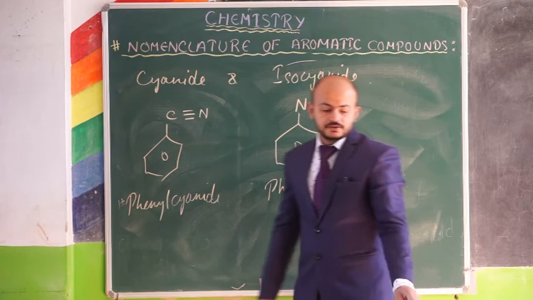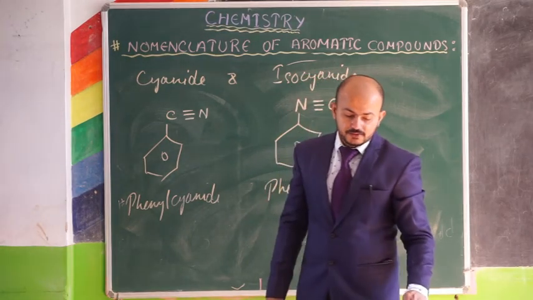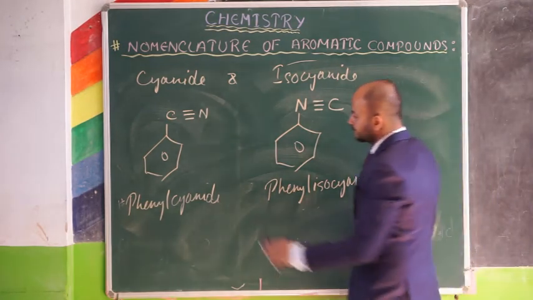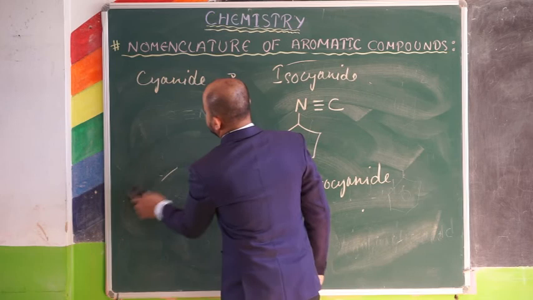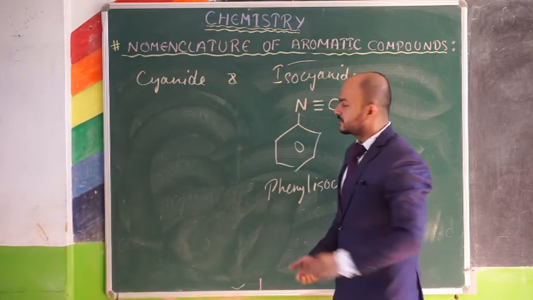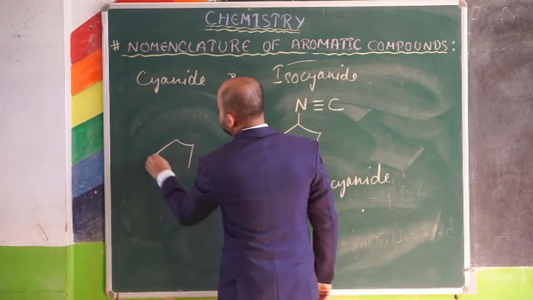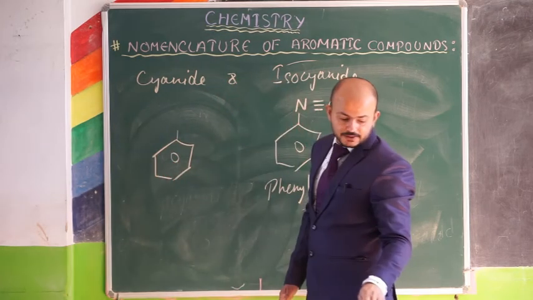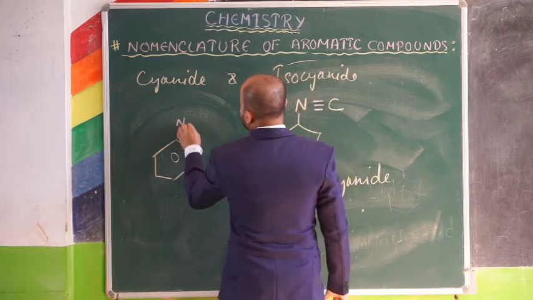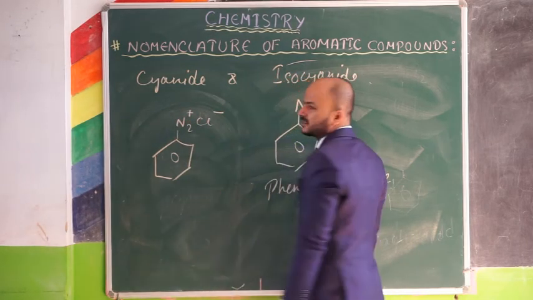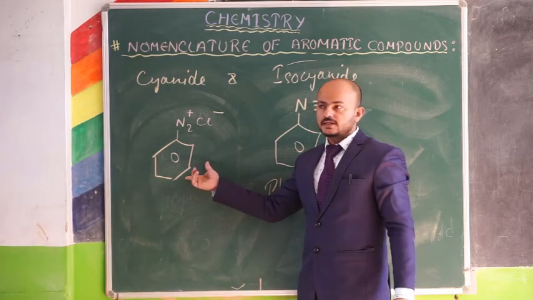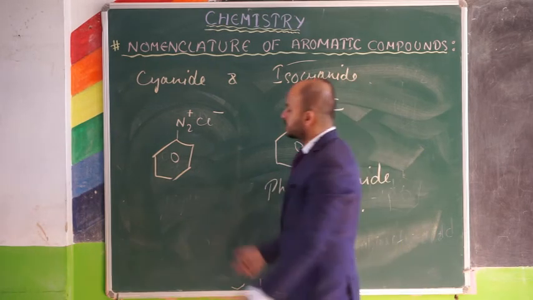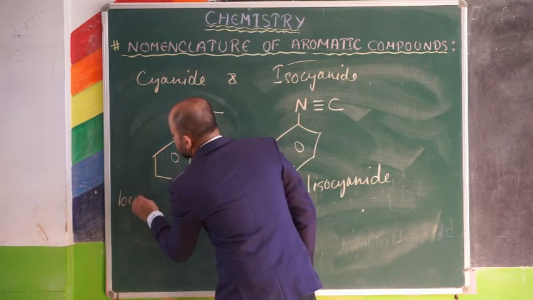Okay, in the book you have so many other compounds, and the next important compound is the benzene ring bonded with N2+ Cl-. This compound is very important. The name of this compound is benzene diazonium chloride.